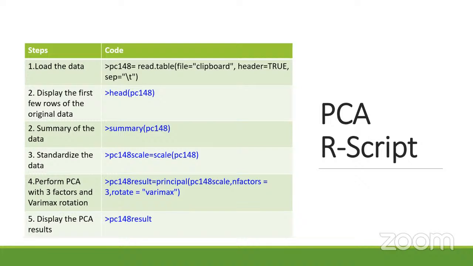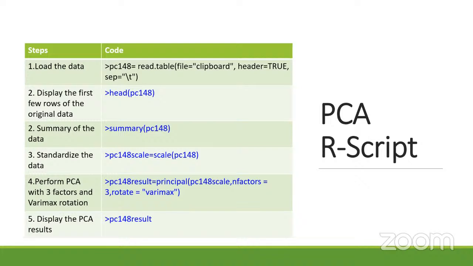Here we have written 3 factors because after repeated trials, we have identified that these 3 factors could explain the variances of all the domains.